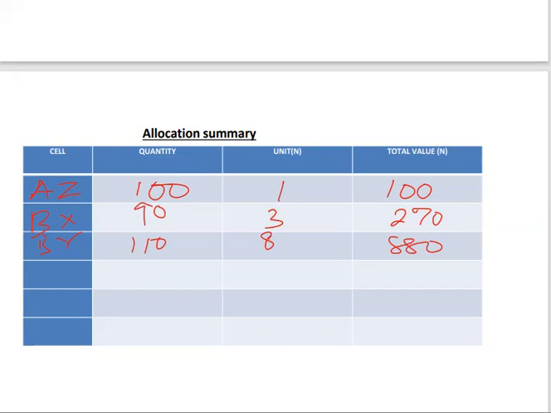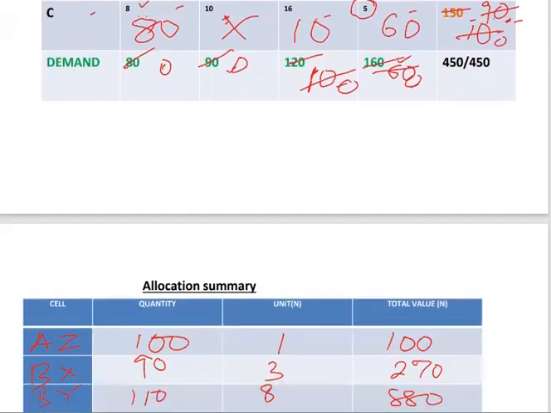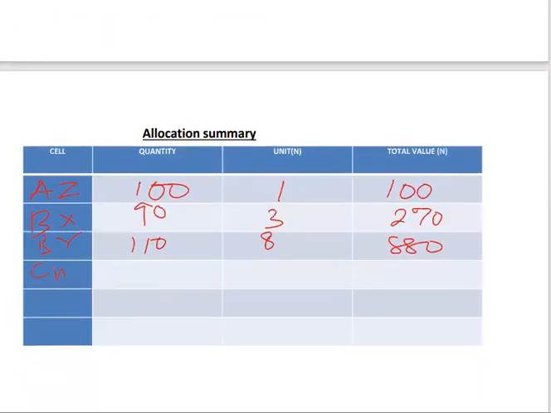Then what was the next allocation, please? CW. That is CW. What was the next one?